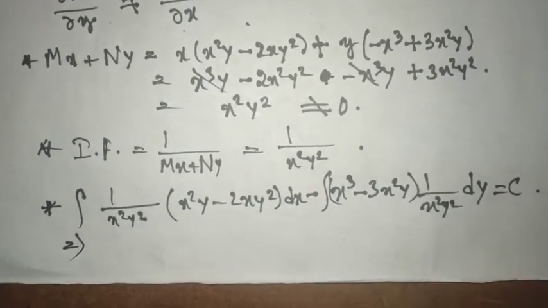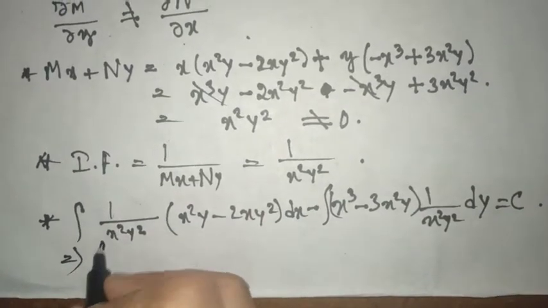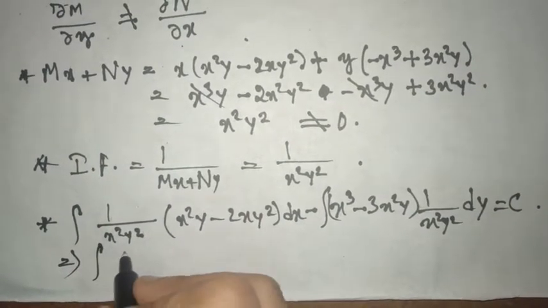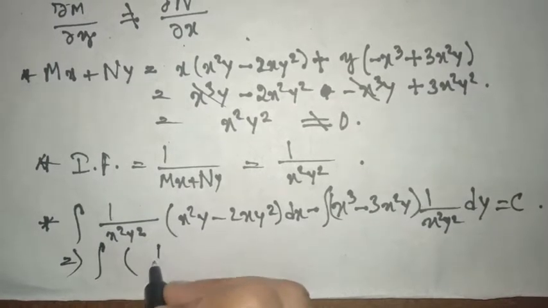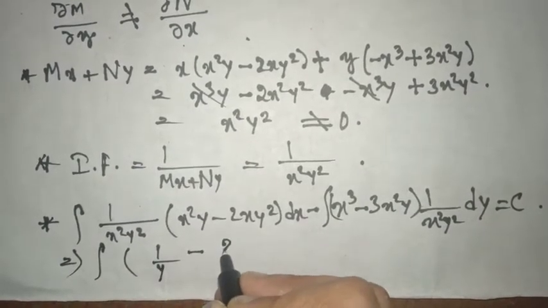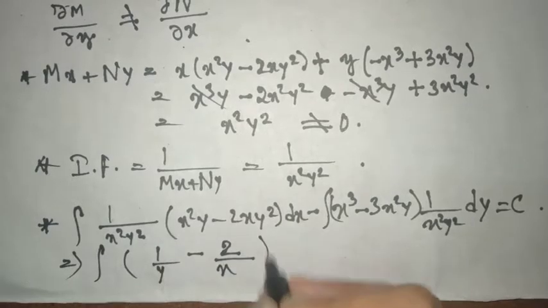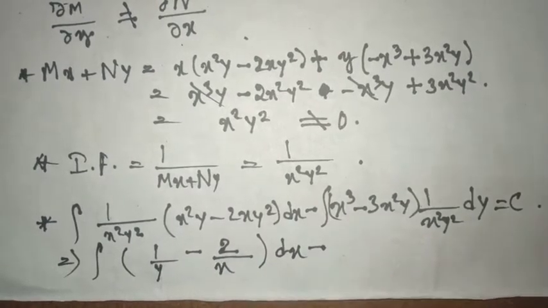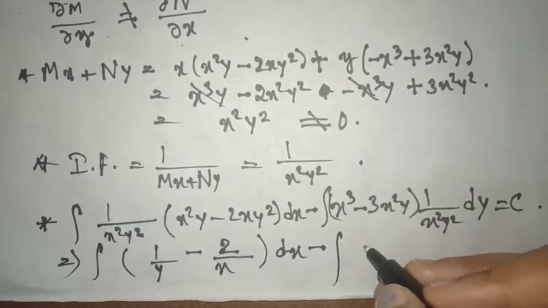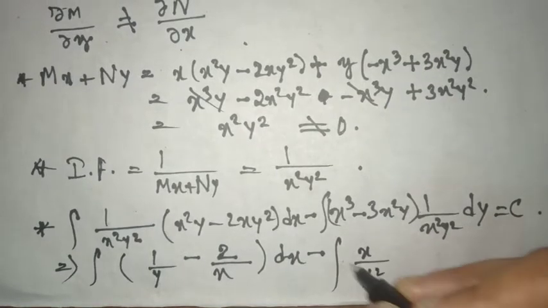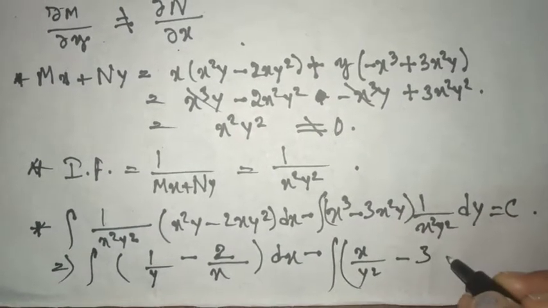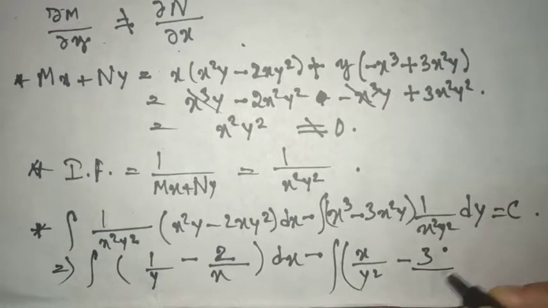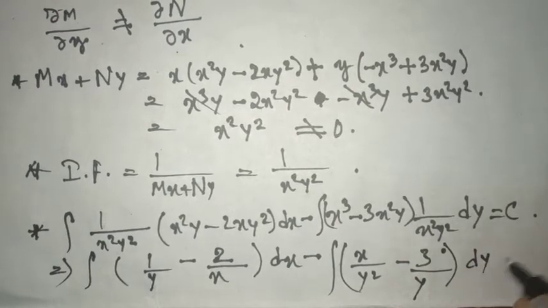So this gives integration of (1 by y minus 2 by x) dx minus integration of (x by y square minus 3 by y) dy is equal to c.